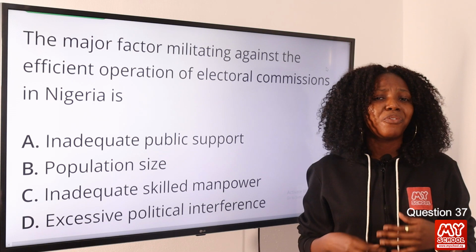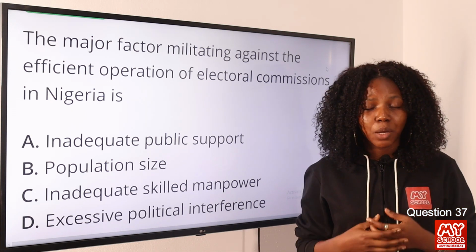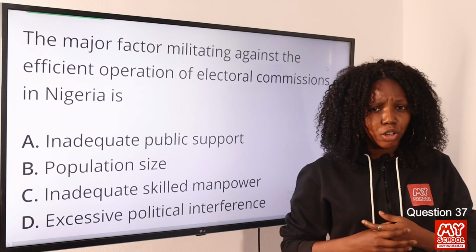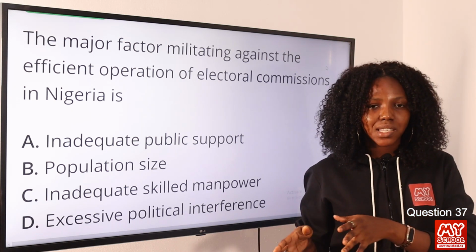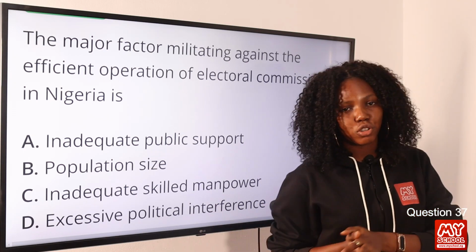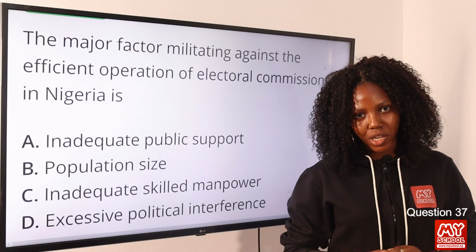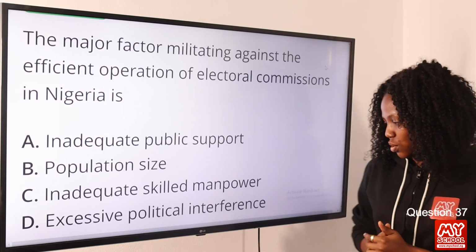And so we hear of favoritism, nepotism, and then it brings about bribery, corruption, and we hear of people hijacking the ballot boxes and all of that. So this interference stands against the core function of the Electoral Commission in Nigeria. So the answer to this question remains option D, excessive political interference.